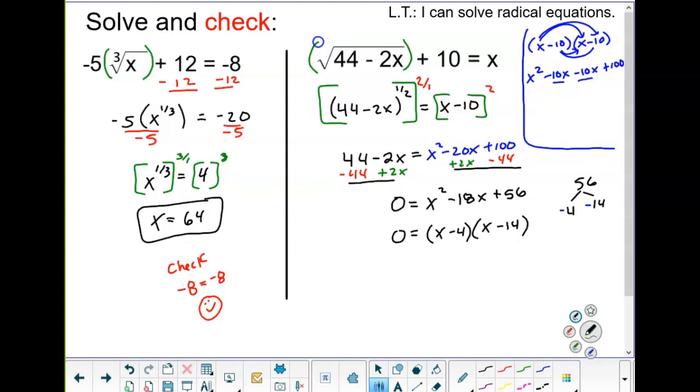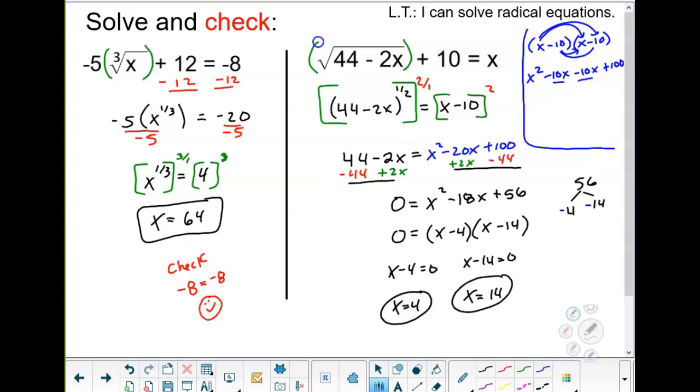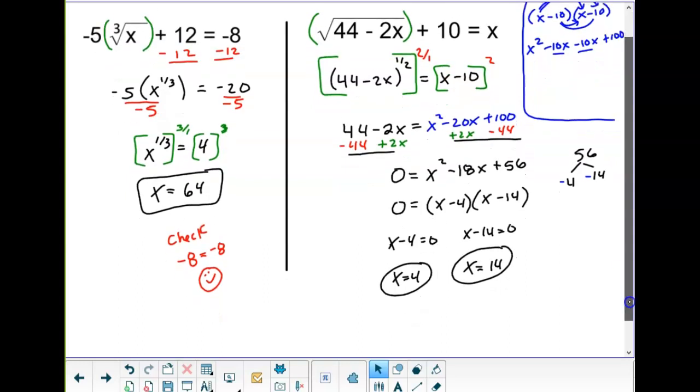And then as we learned before, our goal is to solve. So find the zeros by setting each one of those equal to 0. Then we have to check.